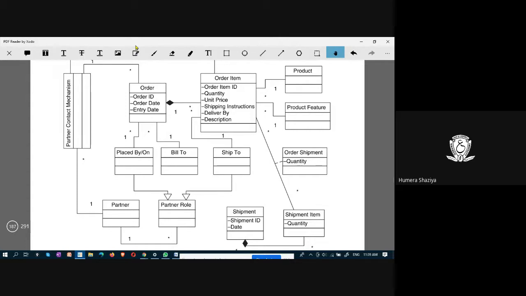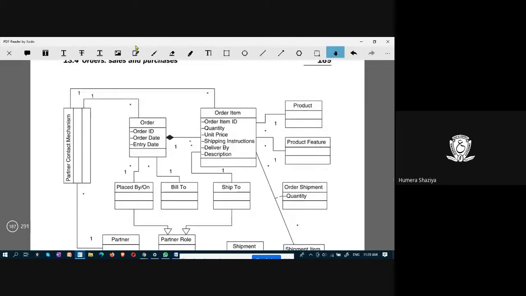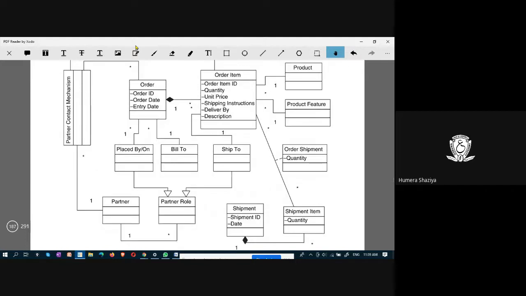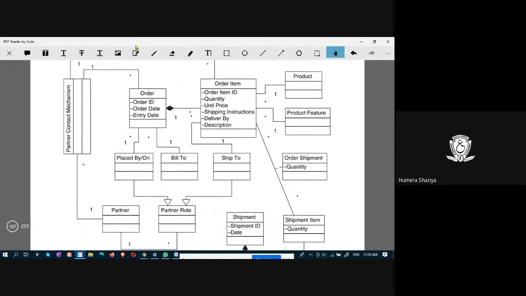These also come into the picture here and have to be considered, because a partner would perform shipping. Let us say a partner is placing an order, the customer is also a partner, and the person who is shipping is also a partner.